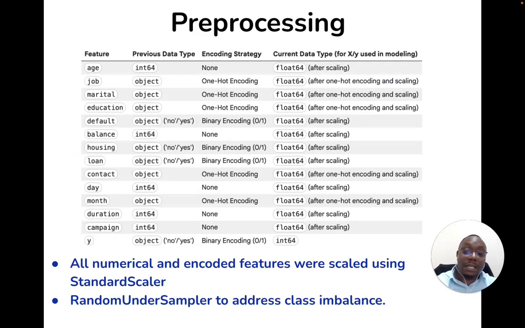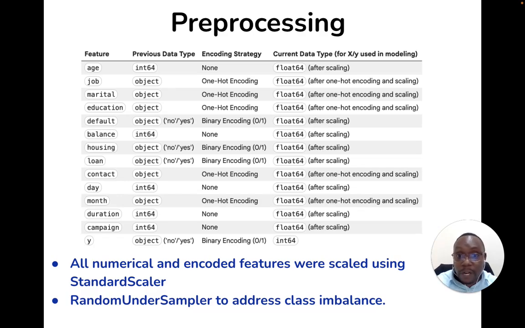We now did data preprocessing, and there are different data preprocessing techniques that we had to apply to get to a very good data set. First, the categorical variables: job, marital, education, contact, and month were one-hot encoded to convert them to numerical variables without introducing any artificial order, and this worked very well.